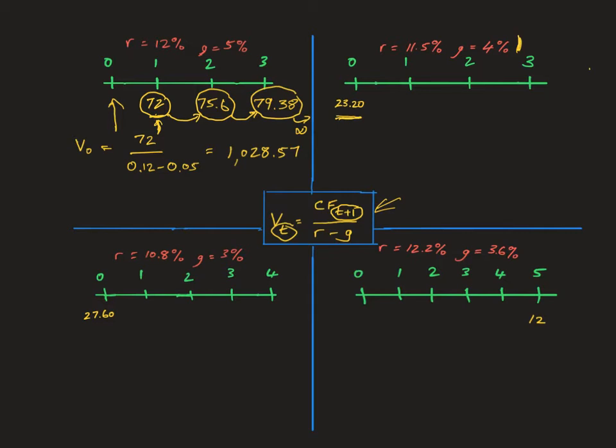Why is that? That is because when we are looking for a value at T0, we need the first cash flow after T0, not the cash flow at T0. And in this situation, we have enough information for us to determine what that first cash flow is.